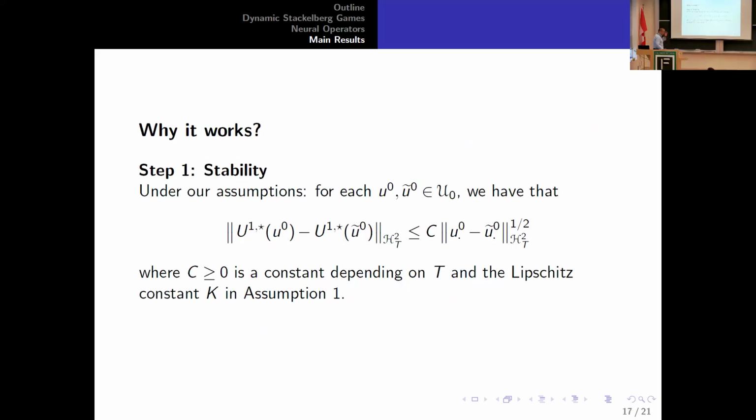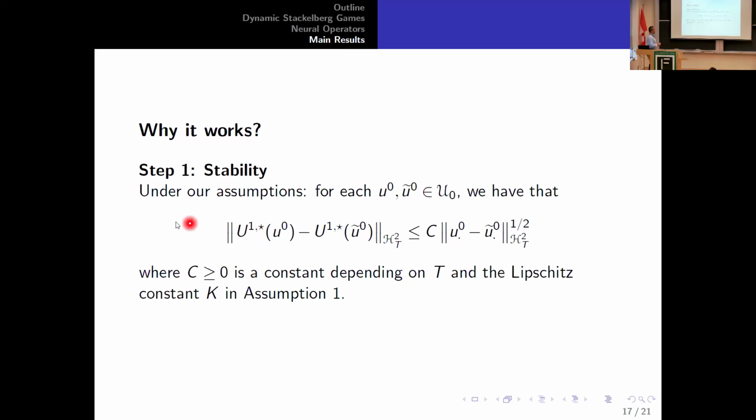So just now we saw two primary results about the existence and trainability of neural operators for the approximate solutions. To prove the two theorems, we need some intermediate steps. The first step is about the regularity, the Holder continuity of the theoretical U1 star, which we can prove just under the Lipschitz conditions.